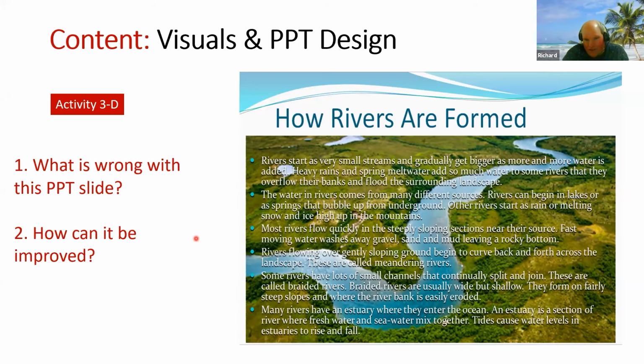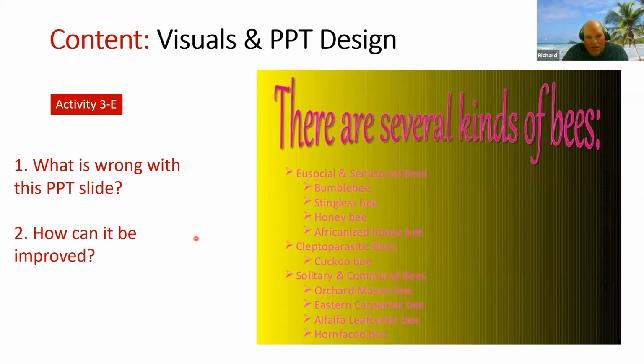All right, moving on quickly. This one's simple. I mean, you've got some keywords here. There are several kinds of bees. Is there any way that we can simplify this? Does it have to be a whole sentence?